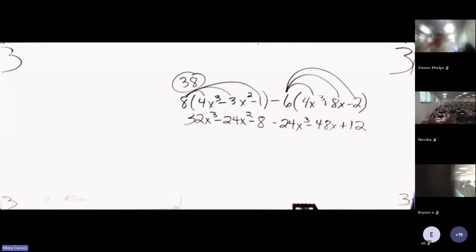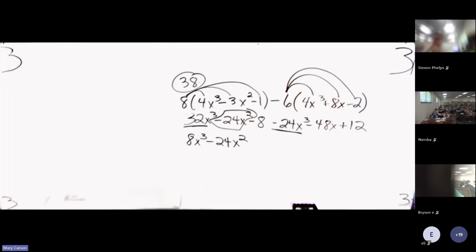Okay, questions so far? All right, then we can line things up, or we can just go across. We've got 32 and -24, those are our like terms. What does that give us? 8x cubed. I'm just combining my like terms. Then I've got this one here, and we don't have another squared term, so I'm just going to bring that down.